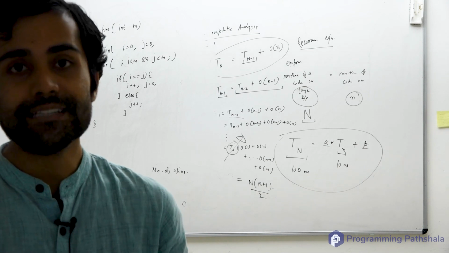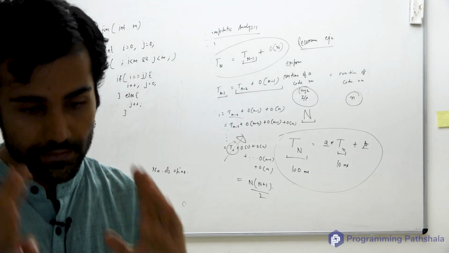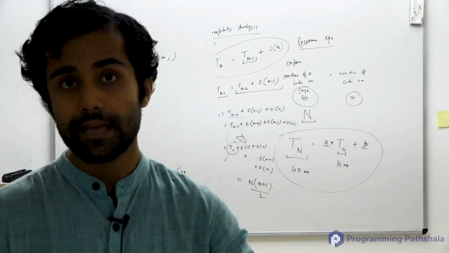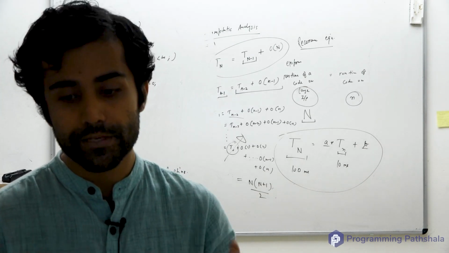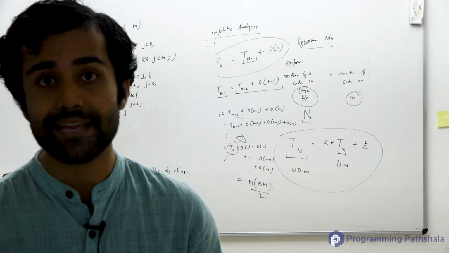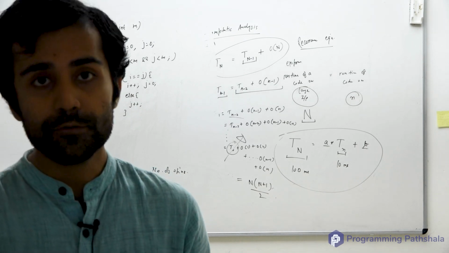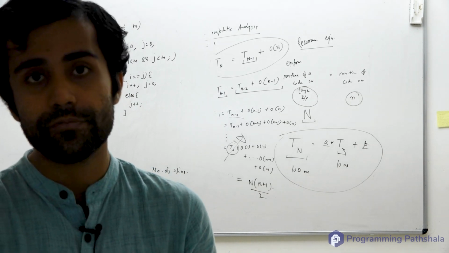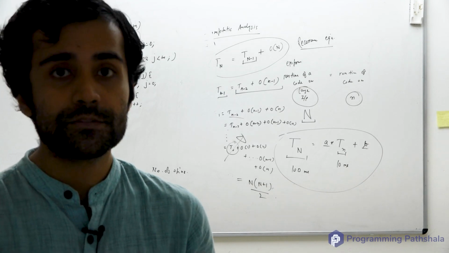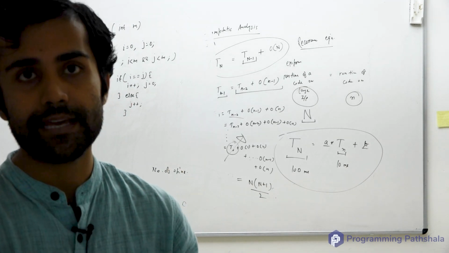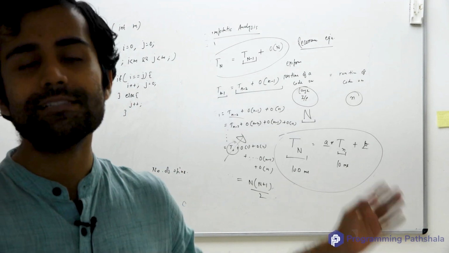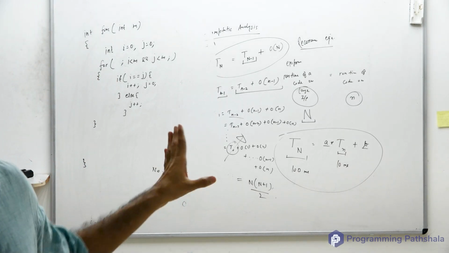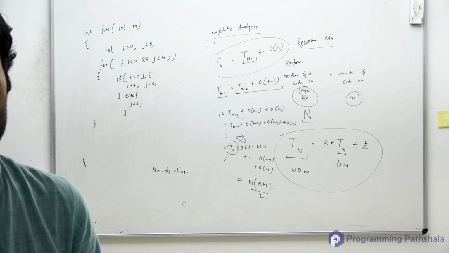Why? Because he'll make out that you mugged it up somewhere and did not care about even thinking about the time complexity of your code. And when you join industries, these things matter a lot, how well your code is performing in terms of time and space. So never be in a rush to give the answer, rather take your time, because these are simple maths. Take your time and then tell the right time complexity.